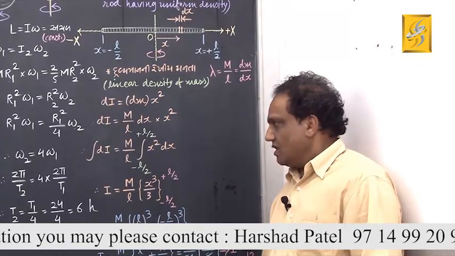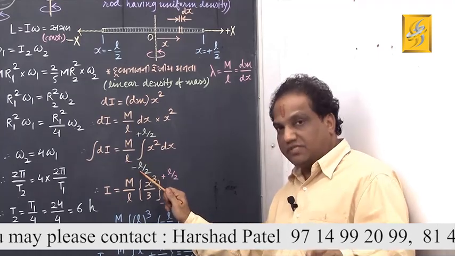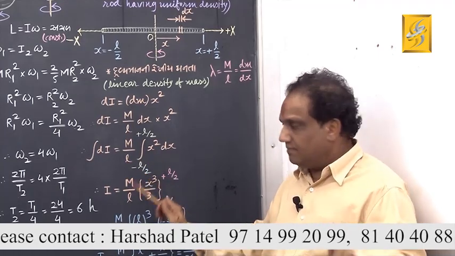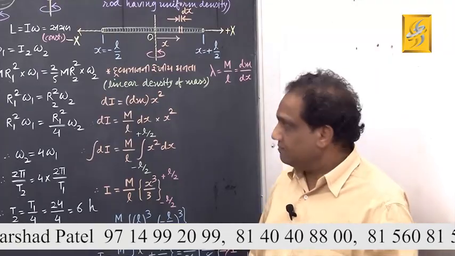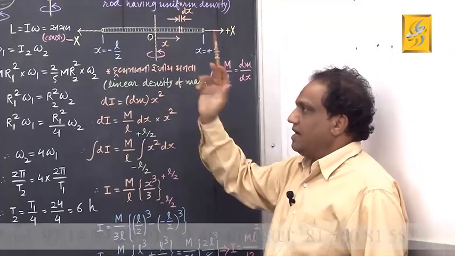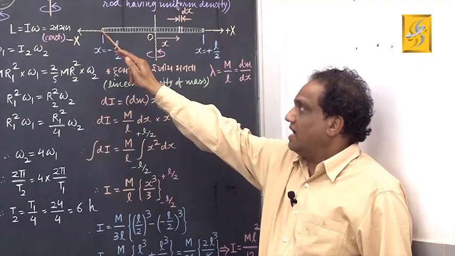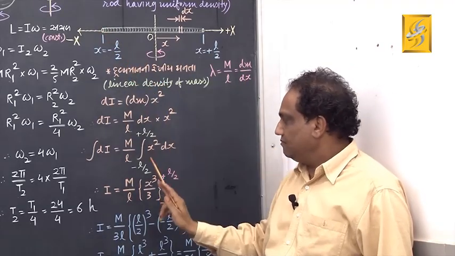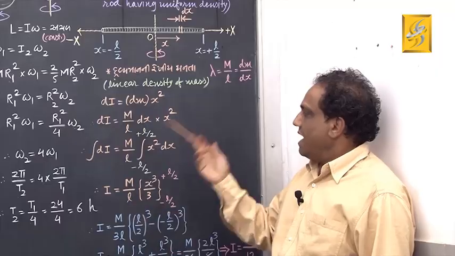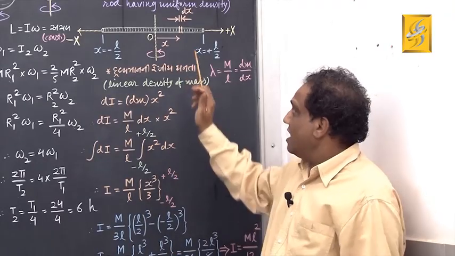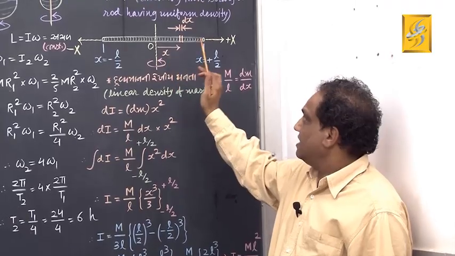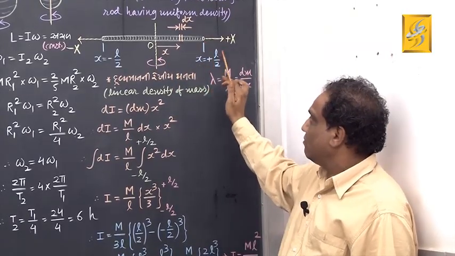Now you know, lower limit of integration means smallest value of variable, upper limit of integration means highest value of variable. Here variable is x, its lowest value is at left end, which is x equals minus L by 2, and the highest value is at right end, which is x equals plus L by 2.